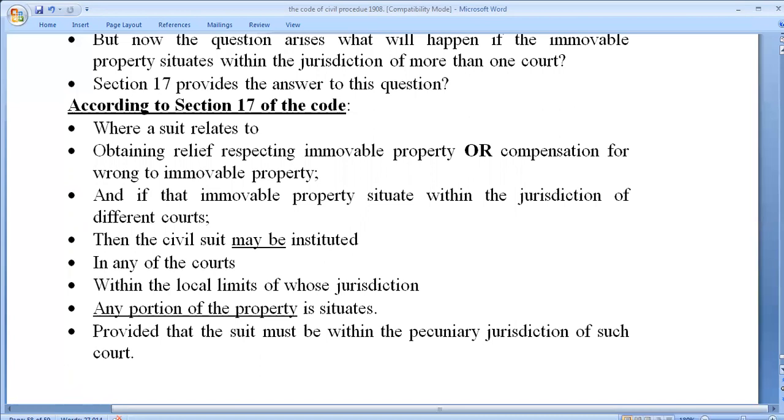So let us recall section number 17. It says that where a suit relates to obtaining relief respecting immovable property or compensation for wrong to immovable property, and if that immovable property situates within the jurisdiction of different courts, then the civil suit in relation to that immovable property may be instituted in any of the courts within the local limit of whose jurisdiction any portion of the immovable property situates, provided that the suit must be within the pecuniary jurisdiction of such court.